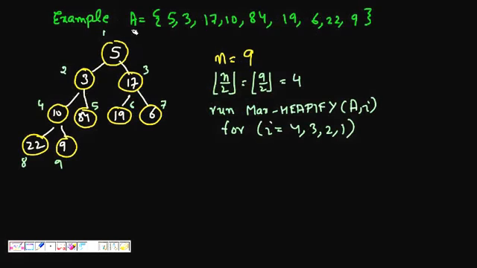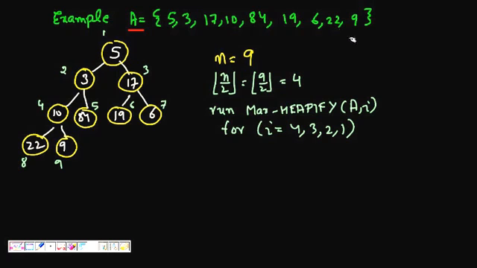Given an array, we have n equal to 9 elements: 5, 3, 17, 10. So these are the elements, 9 elements are there. So what happens? We construct a heap.